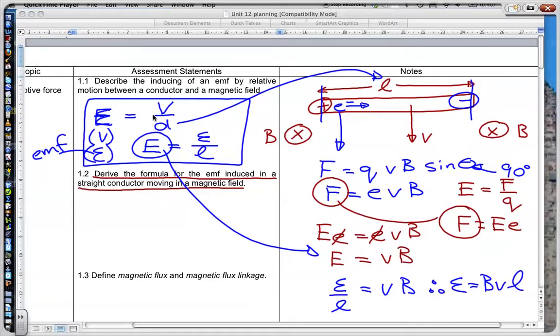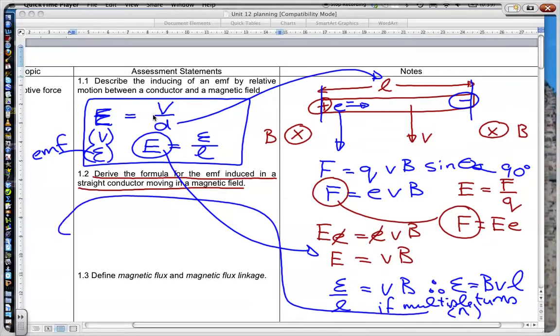And if I have multiple turns, I will come and write over here, I will have that E is equal to NBVL.